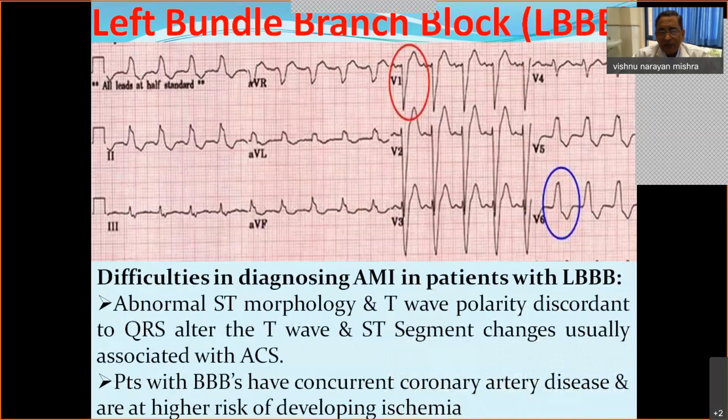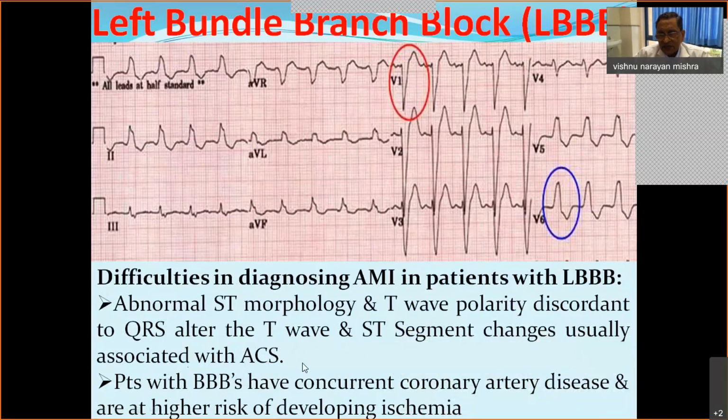Now, the difficulties in diagnosing AMI in a patient with left bundle branch block come because of abnormal ST morphology and T wave polarity, which is discordant to the QRS. Discordant means opposite to the main QRS complex. This alters the T wave and the ST segment changes usually associated with ACS.